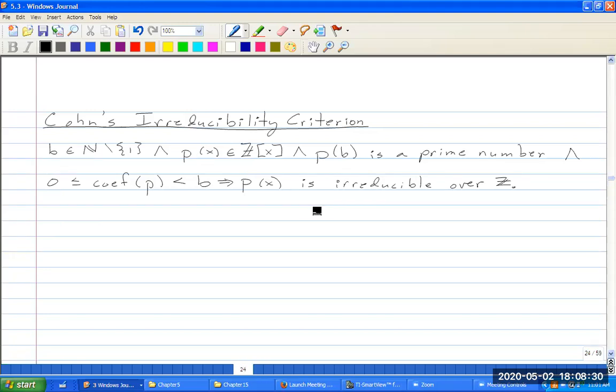Yeah. So I have that. Suppose I have a number B that is a natural number not equal to 1.